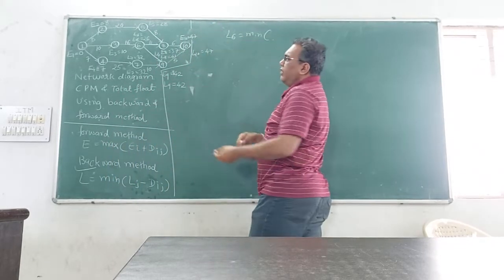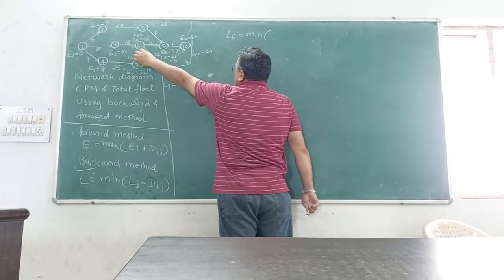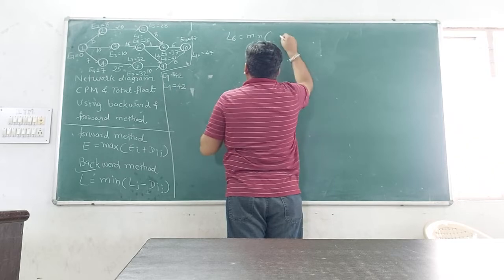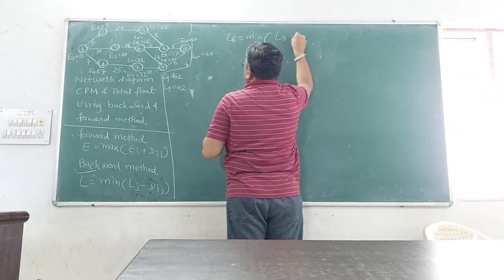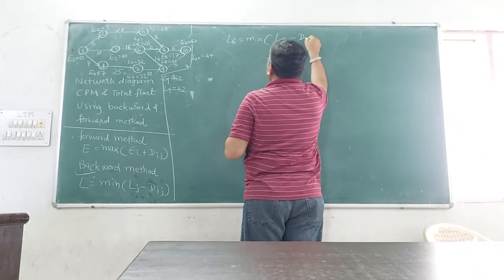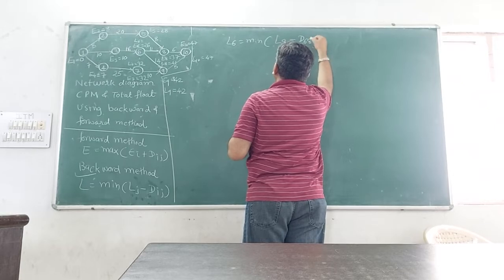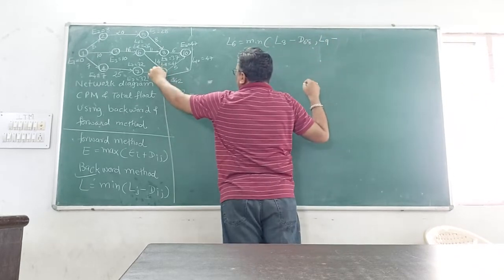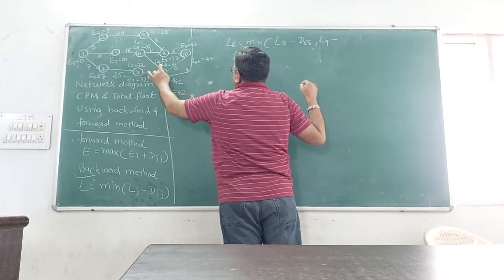There are two preceding values. Look at the board. For 6, one is 8 and another is 9. So first we do L8 minus the distance between 6 and 8, comma, another one, L9 minus the distance between 6 and 9.